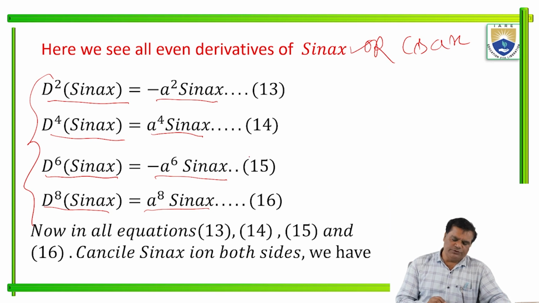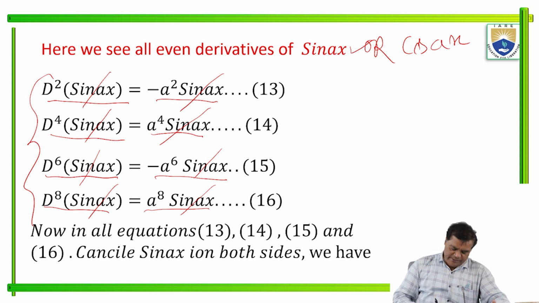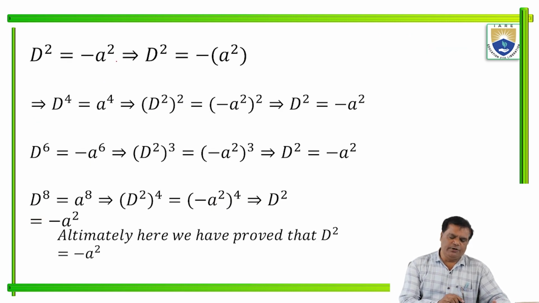Now in all equations 13, 14, 15 and 16, cancel the function on both sides. What will happen? We find D square equals minus A square, the first result.